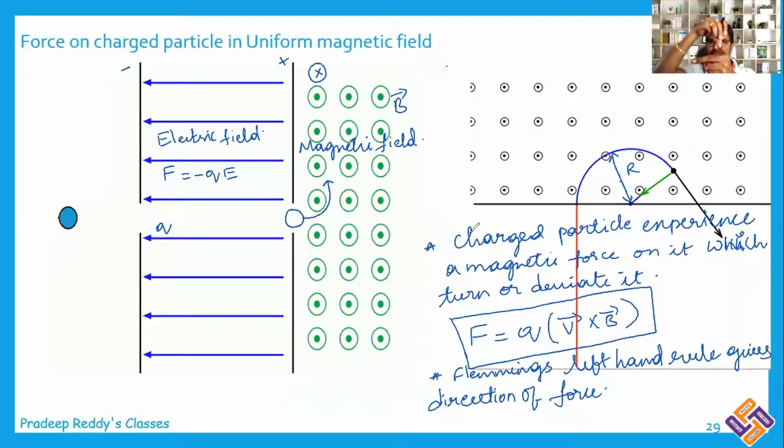So it is F, and this is B, and this is V. Thumb represents force, index finger represents magnetic field, and middle finger represents velocity of the charged particle.